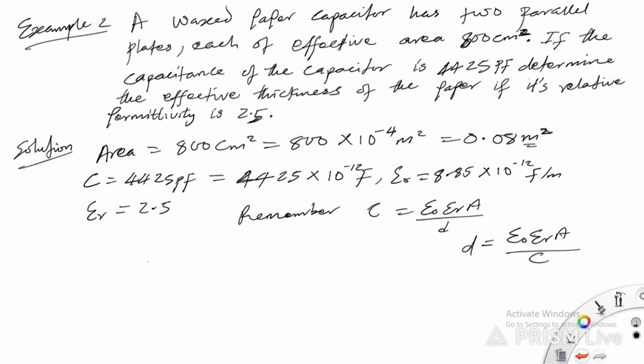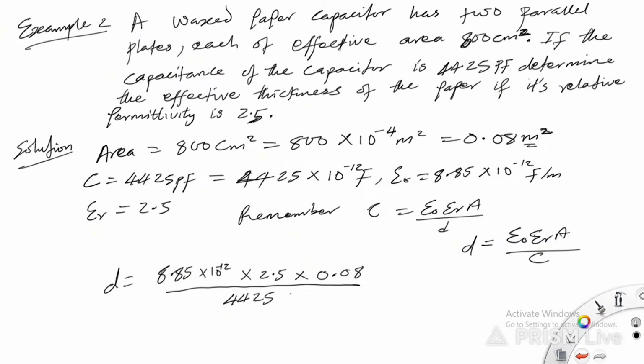So having done that, we substitute 8.85 times 10 raised to the power minus 12, times 2.5 relative permittivity, times our area, which we calculated as 0.08, all over capacitance, which we got as 4.425 times 10 raised to the power minus 9.